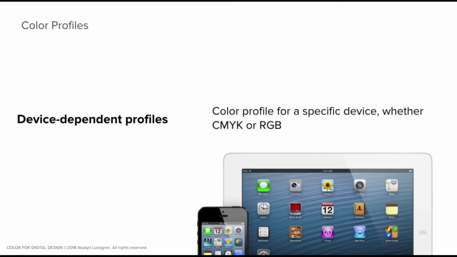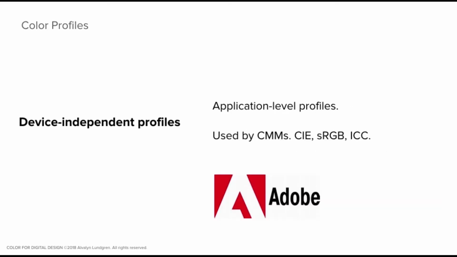To calibrate the printer to my display, I have to set up different color profiles for each of those output devices. Then there are independent profiles, which are more application level, and they are used by color management modules. Examples of those independent profiles are the CIE, sRGB, and ICC, and we'll talk about those a little later on.